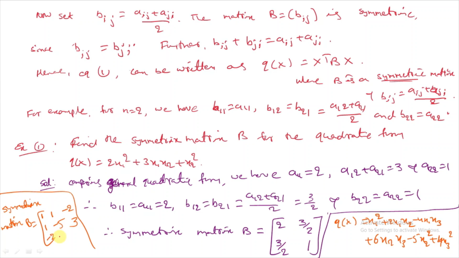B32 is the same as B23, that's 3. Now B33 means x3 square, that's 4. This is the matrix. Directly you can write it by comparing. This is the matrix corresponding to the given quadratic form.